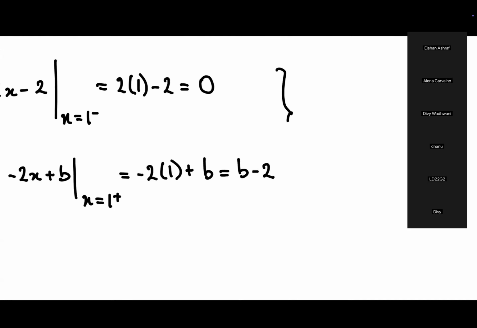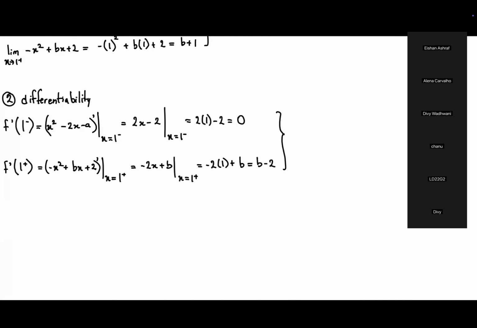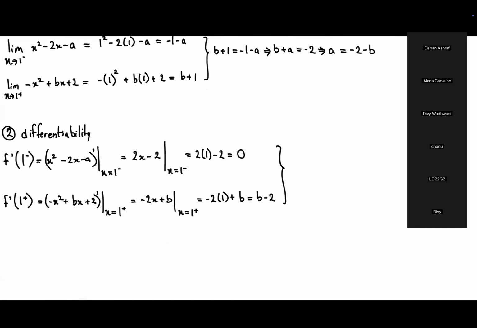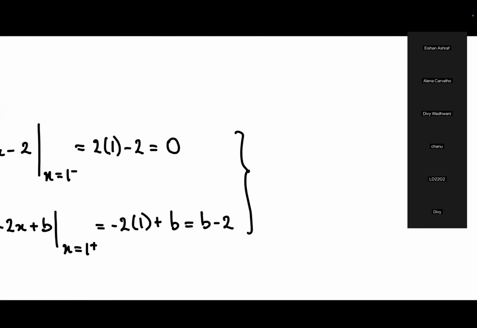We know that these two values should be equal because the question originally asked us to find a function that's differentiable, so we want the left and right hand side derivatives to be equal. Equating them, b minus 2 is equal to 0, which implies that b is equal to 2.